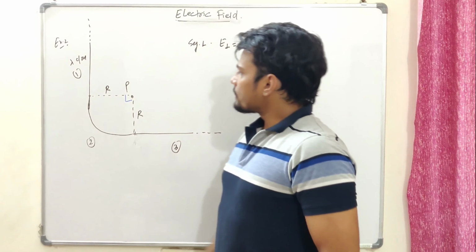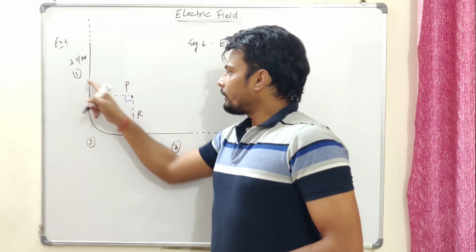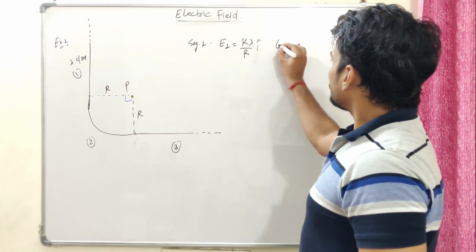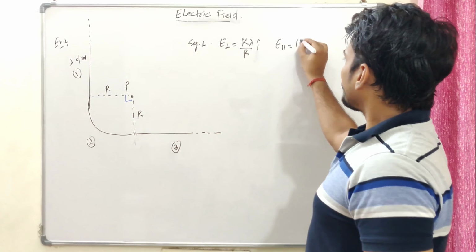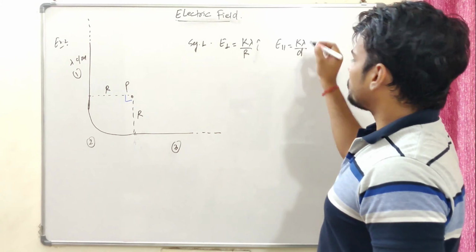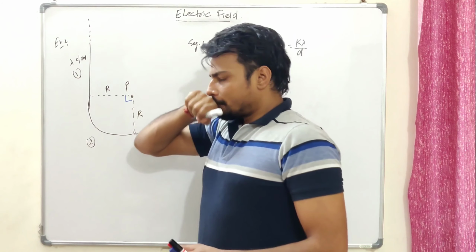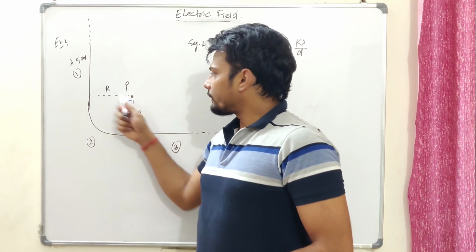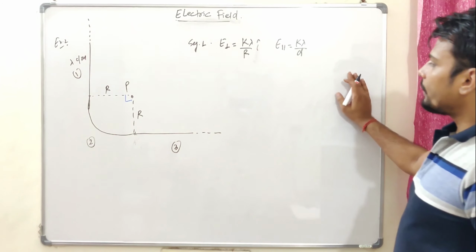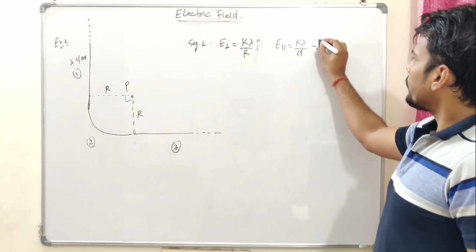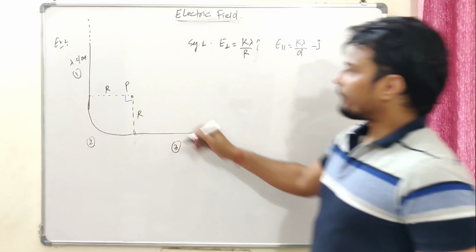Now I'm going to find the parallel component. E parallel should be K lambda by R times cos of theta 1 minus cos of theta 2. Theta 1 is 90, theta 2 is 0. So over here it's going to be minus j cap, because the parallel component should be downward.